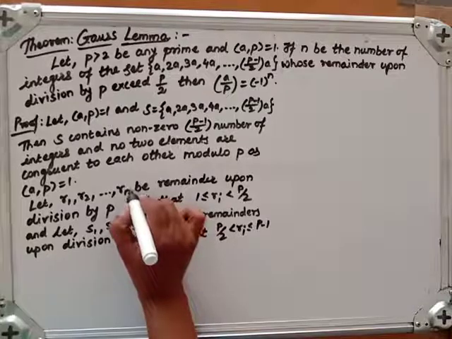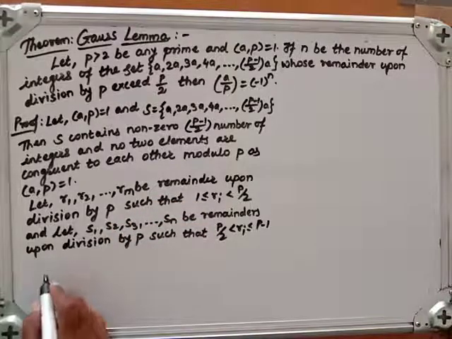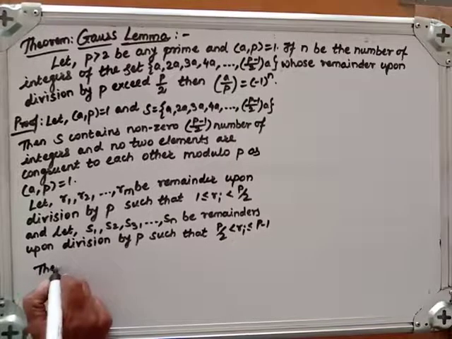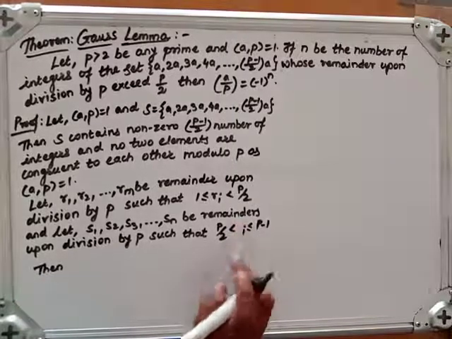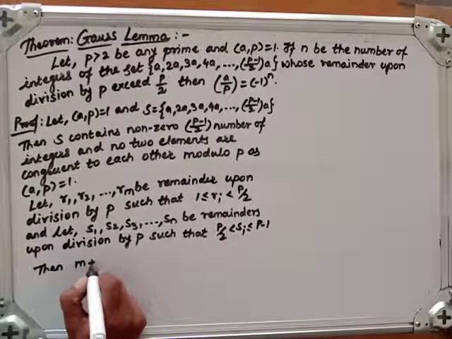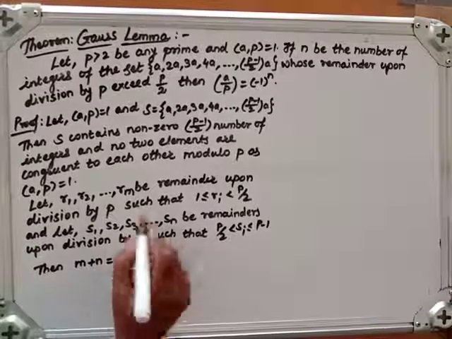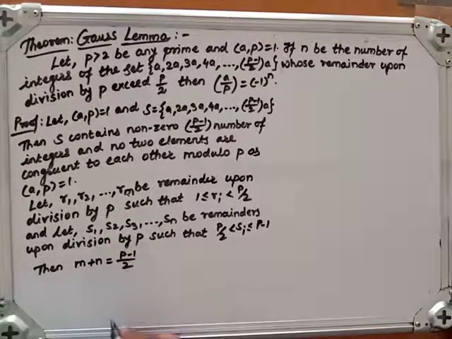Now here let us assume these are m in number, and these are n in number. Then m plus n is how much? (p minus 1) by 2.